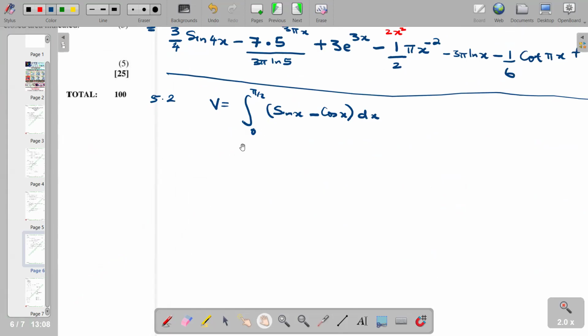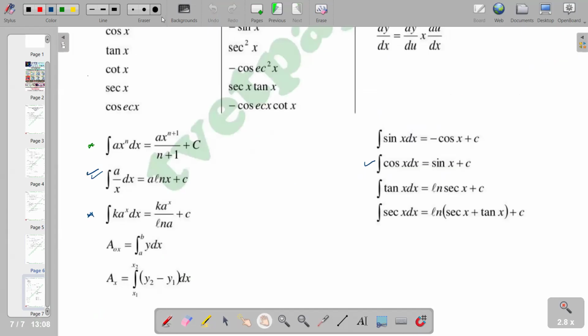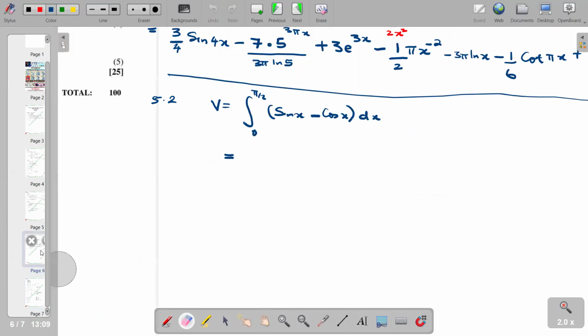How are we going to go about it? We have to integrate that. So it's equal to the integral of sine. Let's go to our formula sheet. If we check, the integral of sine gives us a negative cos x. So integrating sine, we get a negative cos x.